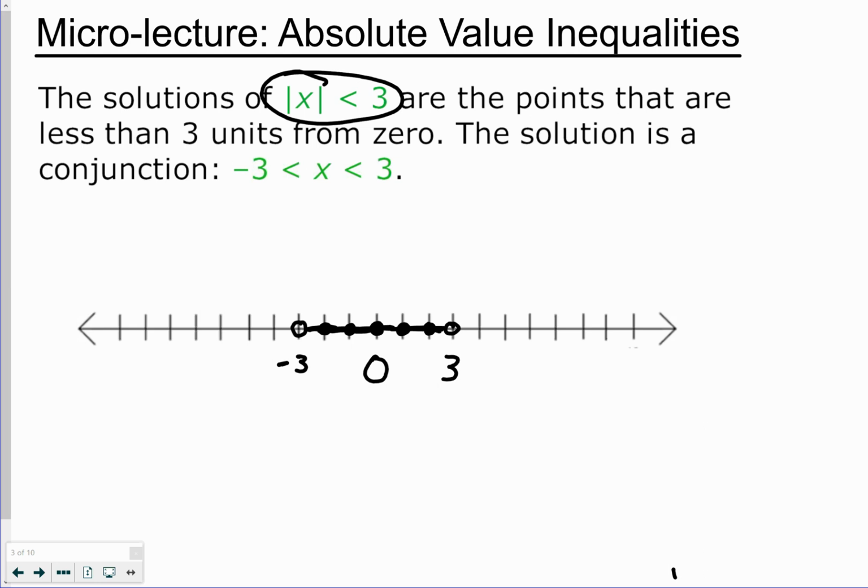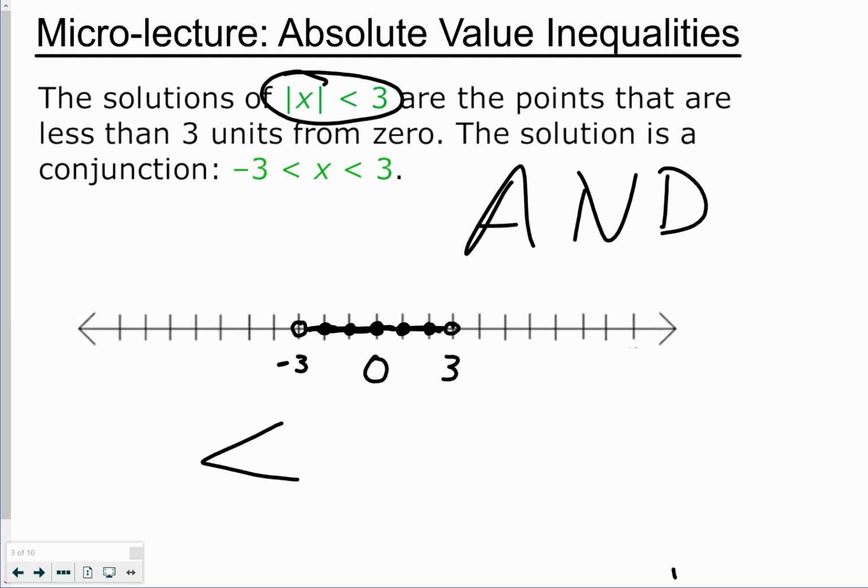And I'm hoping that your brains will see that we talked about this yesterday. What word goes with this? It's a conjunction, and what word is conjunction? And. So this is and. Anytime we have an absolute value inequality where the symbol says less than, you're going to be using the word and.